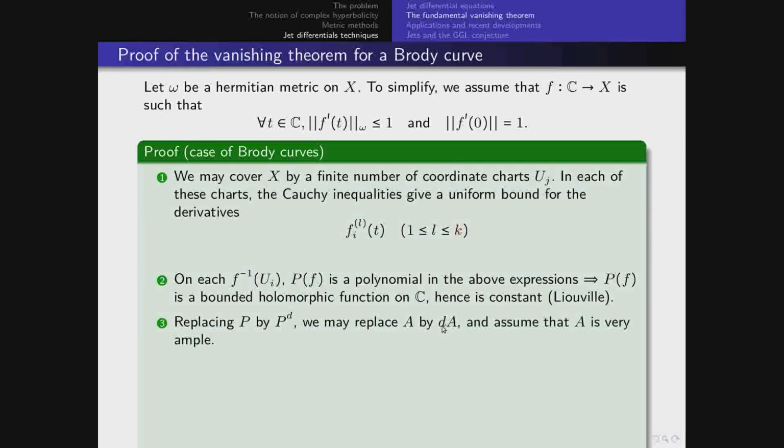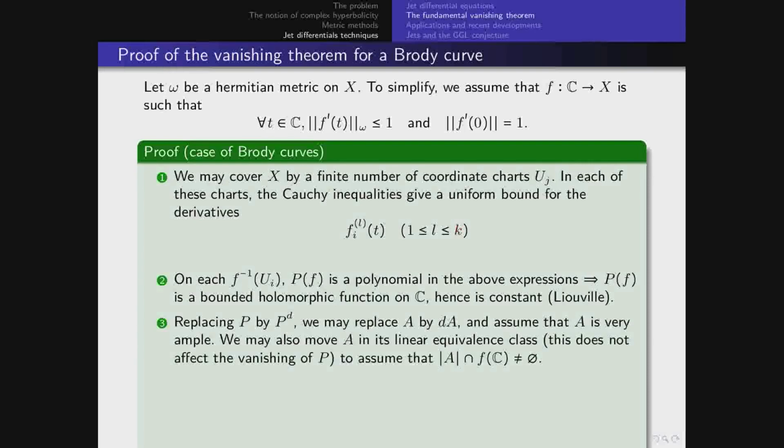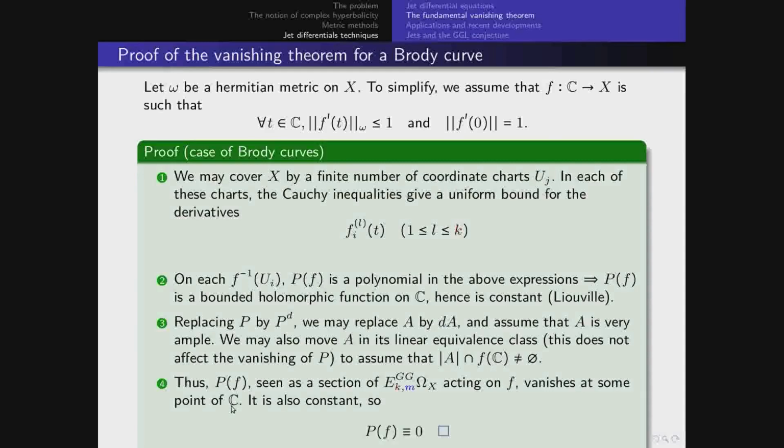And also, you can prove easily that if you move A in its linear equivalence class, it will also not affect the vanishing of P. And now we can move it and assume that the intersection of the image of the curve and of this divisor is not empty. So now, since P of f vanishes along A, well, it will vanish at some point of C, but you knew that it was constant, so it actually proves that it is 0.